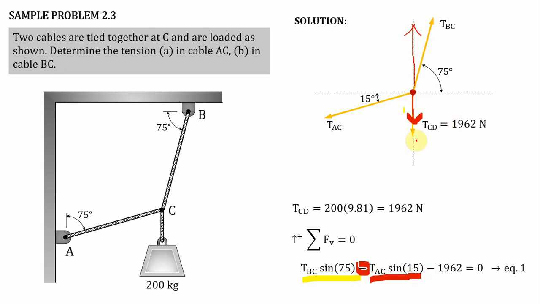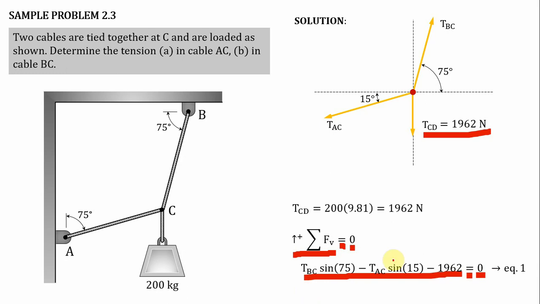Okay? And then, minus, okay, ano pa natitirang forces? Yung tension CD. Yung tension CD natin is going downward. Okay, so minus 1962 Newton. Okay, ito yung ating summation of vertical forces, is equal to 0.